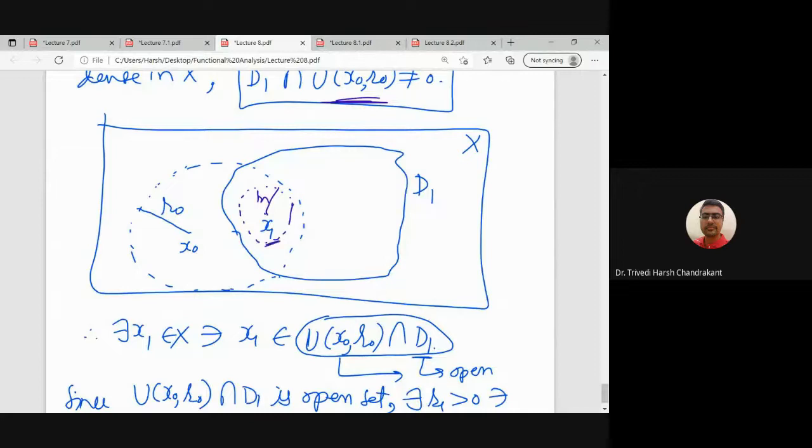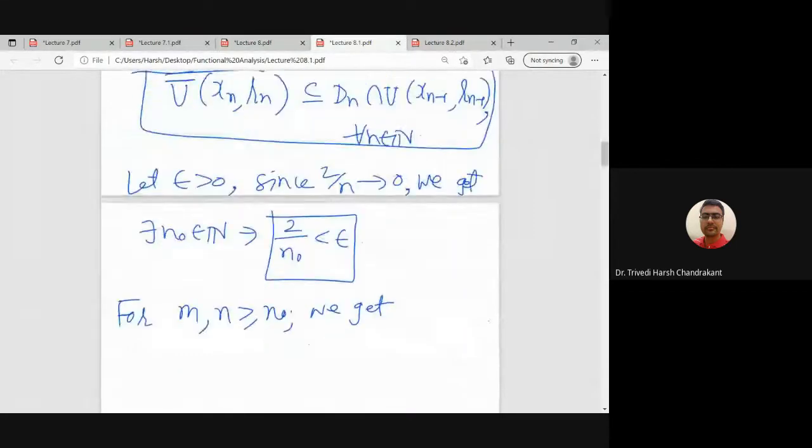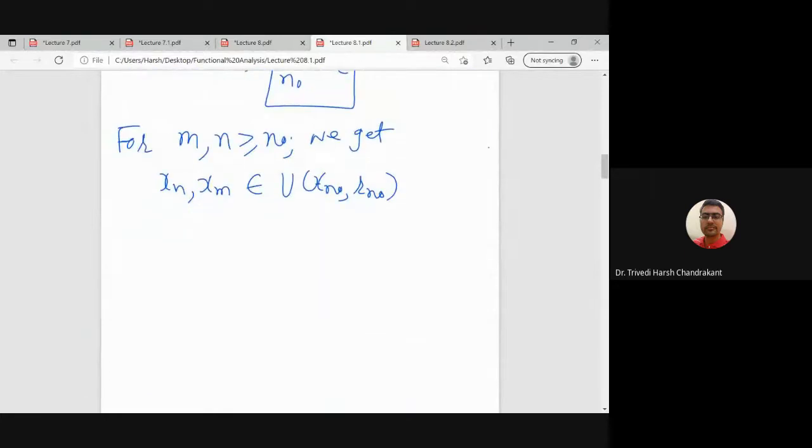So x1 belongs to this ball U(x0, r0). Similarly, x2 belongs to U(x1, r1) as well as U(x0, r0). So whenever we take m bigger than n0, xm will be in U(xn0, rn0). Similarly, xn also belongs to U(xn0, rn0).